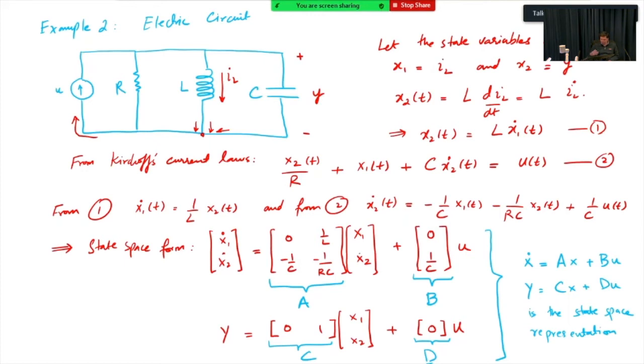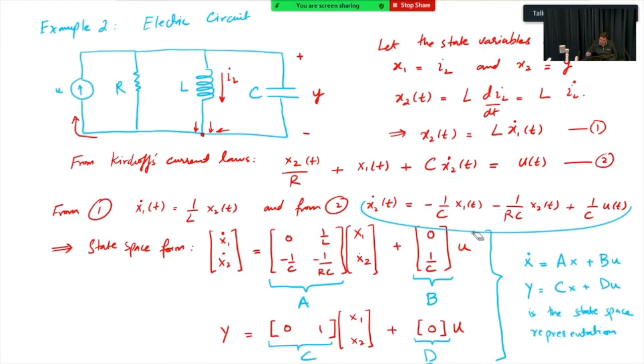So for example, by looking at this system, I see that the input only affects the second state. The second state evolves according to this relationship, and the first state evolves according to the second state.